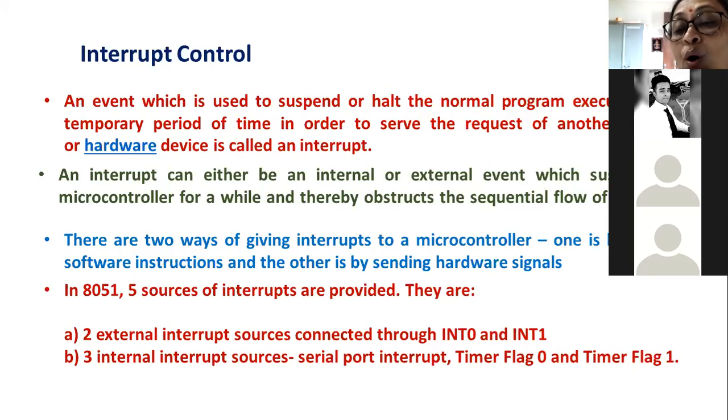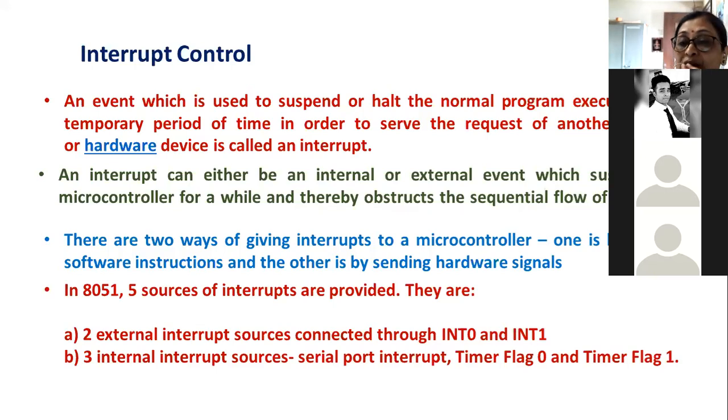Now what is the moral of the story, students? What have we learned today? We have learned the interrupt control unit, and the whole concept of the interrupt: what interrupt is, what the different types of interrupts are, what the purpose of interrupt is, what an interrupt service routine is, and what the function of the interrupt control unit is. There are two functions of the interrupt control unit.